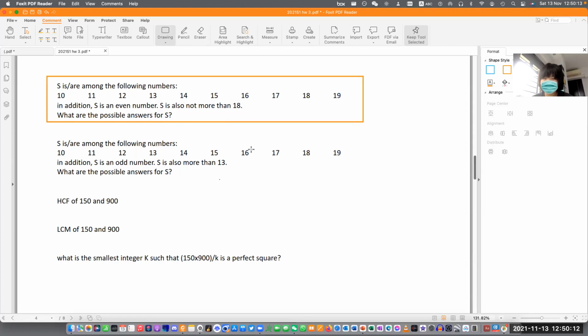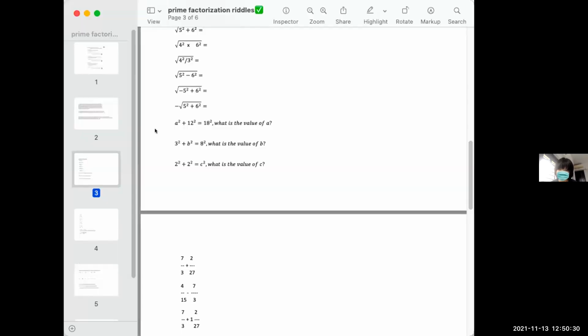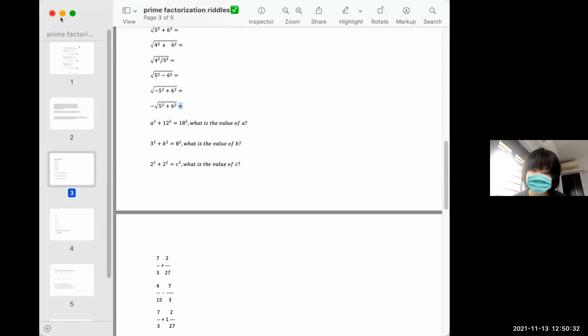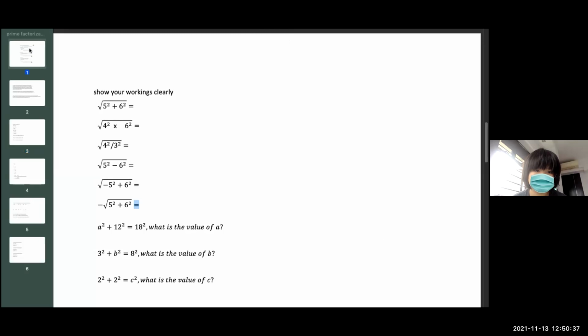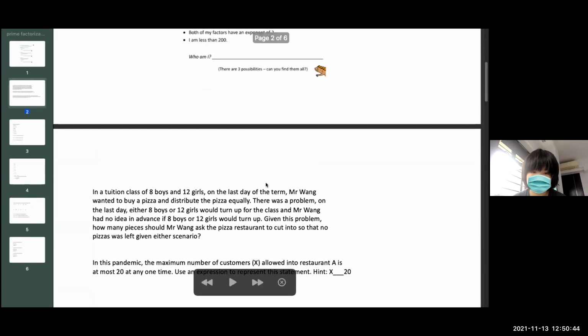My one is after prime factorization challenges 1, and then it's in a tuition class of 8 boys, and then show your workings clearly. Can you share your screen then? Let me stop sharing. You share your PDF, because it seems to me your PDF is different from my PDF. I know why already. Is this a PowerPoint slide?